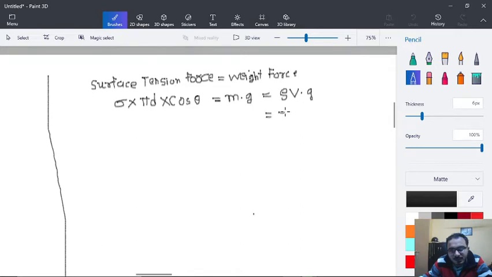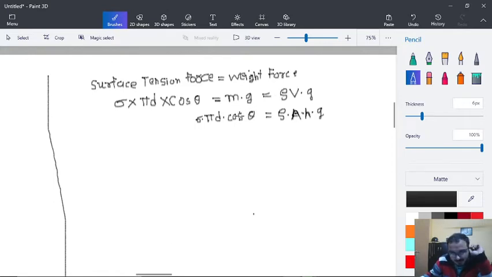So here rho into, instead of volume, we can write A into h into g. Why A into h? Because A is the cross-sectional area of the tube and h is the capillary rise. So here sigma into pi into d into cos theta.